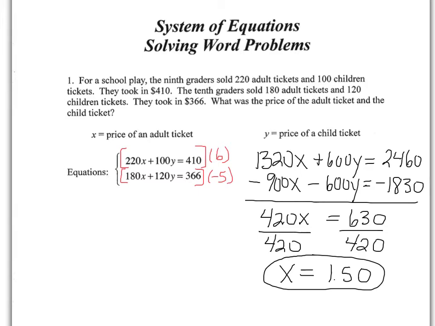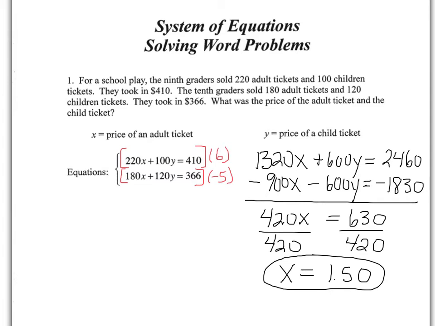So I'm halfway done. So the next thing I need to do is decide which equation I would like to plug x equals 1.5 or $1.50 into. I think it's probably a toss-up. I would probably pick the bottom equation because it has smaller numbers, and that's the only reason that I would pick the bottom equation.